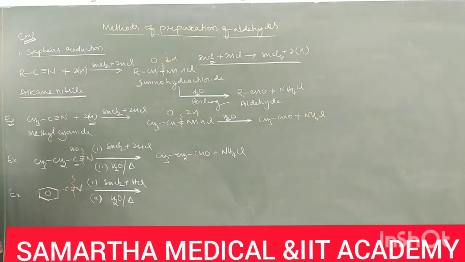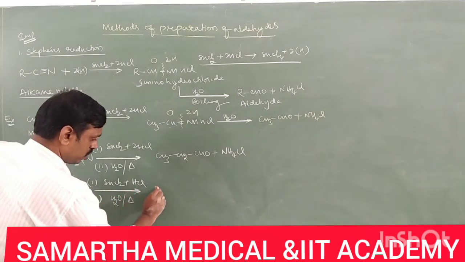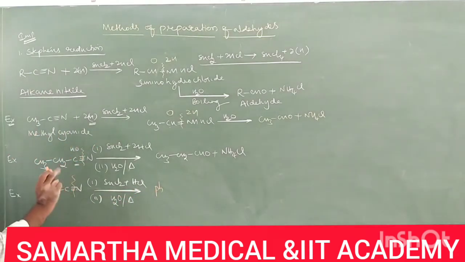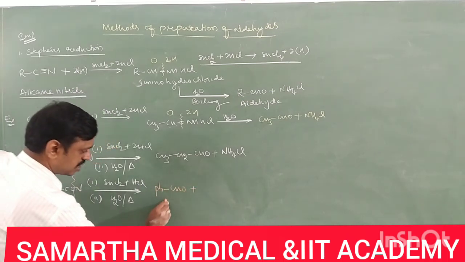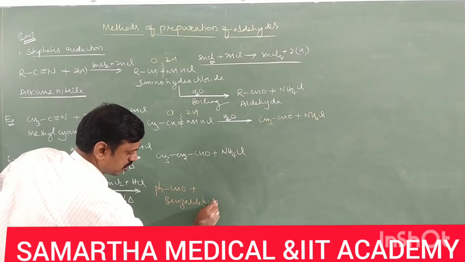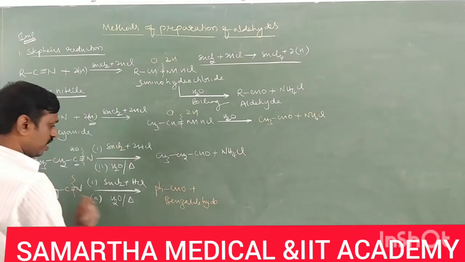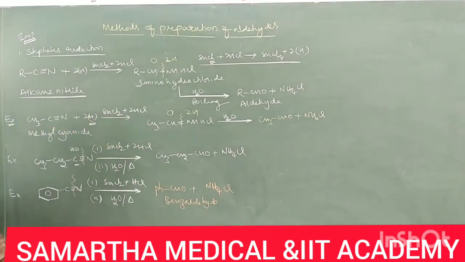You just break the triple bond and this carbon becomes an aldehyde. Therefore this phenyl ring, I'll write Ph. You can write Ph, then CHO. It is benzaldehyde. And the nitrogen becomes ammonium chloride. Right. So this is how we can write the product.